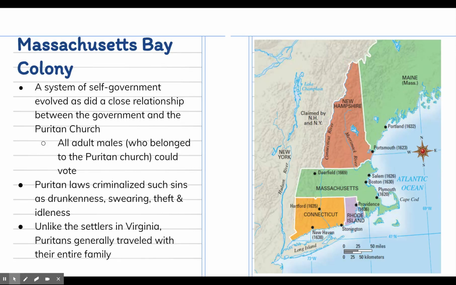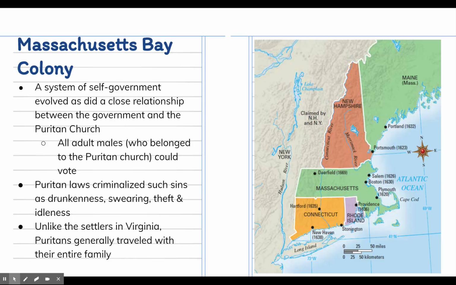So the Massachusetts Bay Colony, they were able to develop a system of self-government and had a close relationship between the government and the Puritan Church. All adult males who belonged to the Puritan Church could vote. So we start to see examples of this idea of self-government, some democratic elements within their system of government as well.